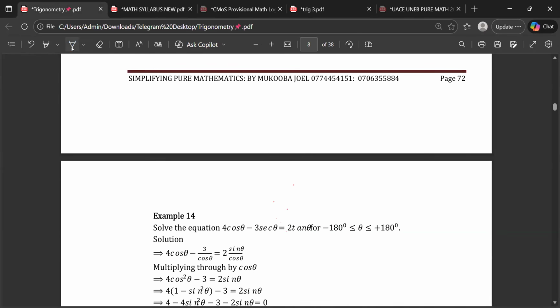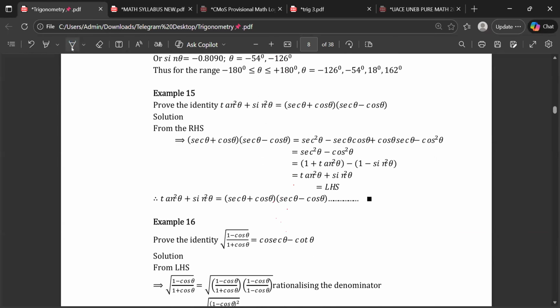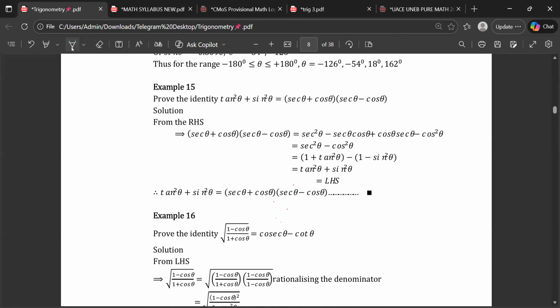I go to the next question, but we shall do them together, don't worry. You can see this question, they removed the cos and then they put 1 minus what? 1 minus sine. We go. But we are supposed to do them together, don't worry. Then what next here?